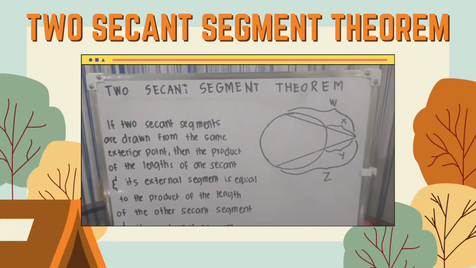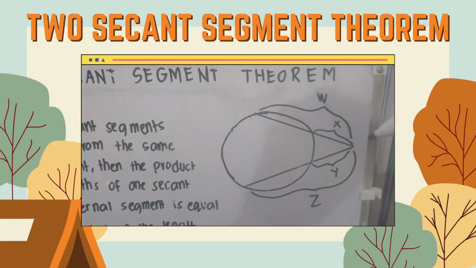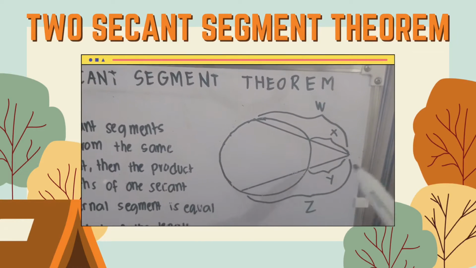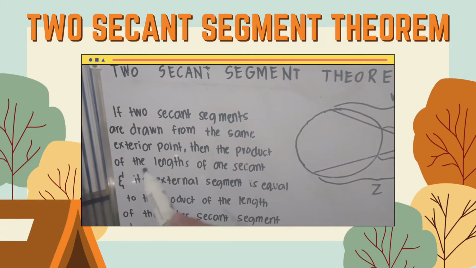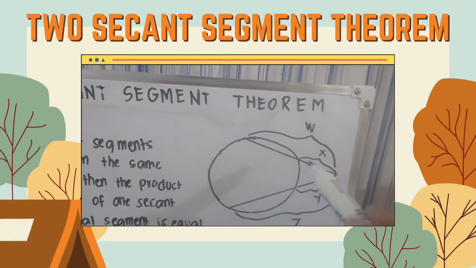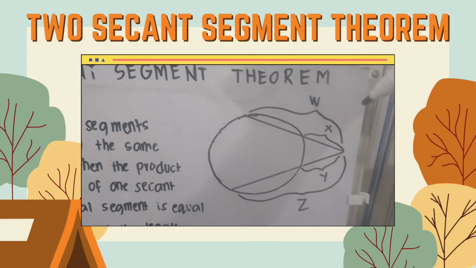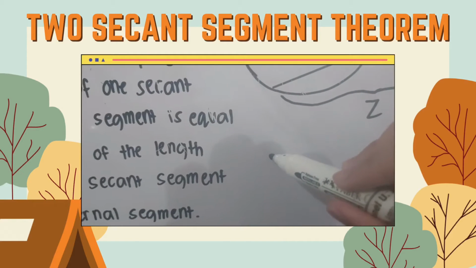In this illustration we have two secants, 1 and 2. The product of the lengths of one secant, so this is our first secant, which is W. Let's put W here.